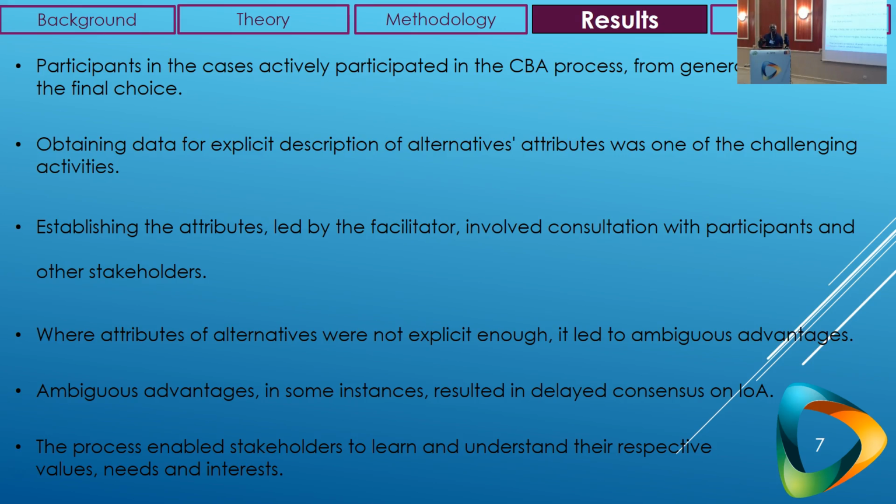Particularly where you have an attribute that has to be described rather than one that is quantitatively stated, it becomes quite challenging. And for that matter, we realize that it tends to affect, particularly at the stage of deciding on the importance of advantages. Consensus building is affected when you don't have attributes well described and then advantages clear.